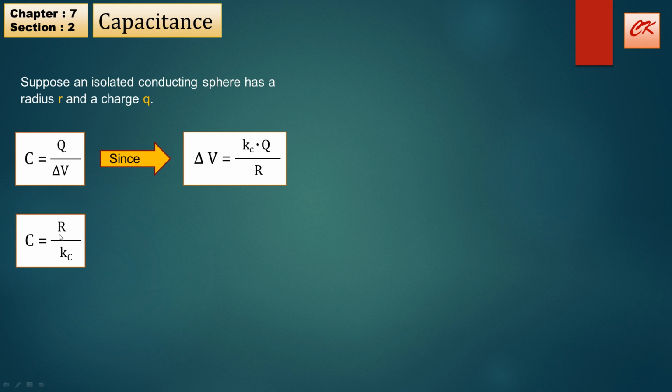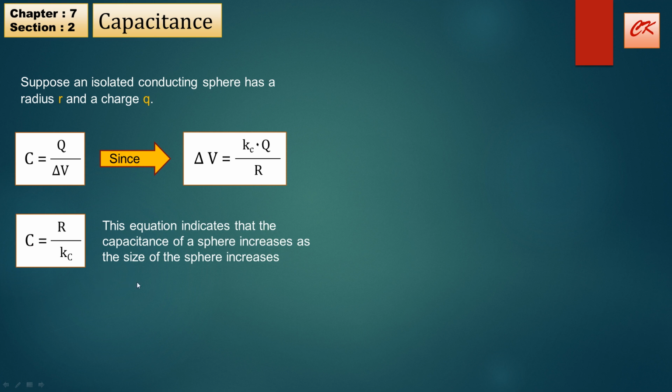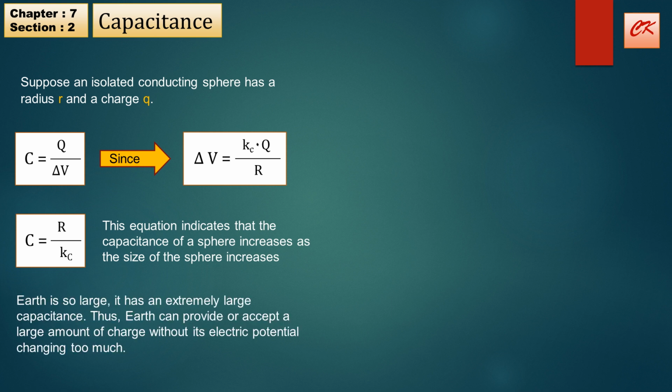That means the capacitance of a sphere depends only on its radius. When the radius increases, its capacitance will increase. When the radius of the sphere decreases, the capacitance of the sphere will decrease.